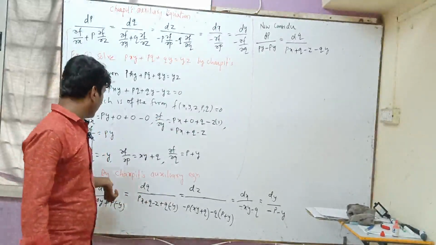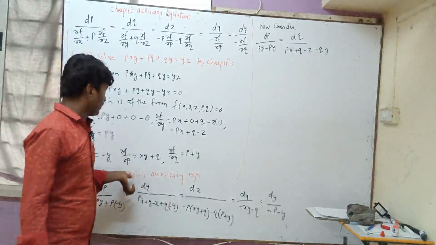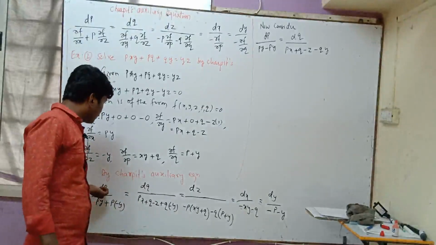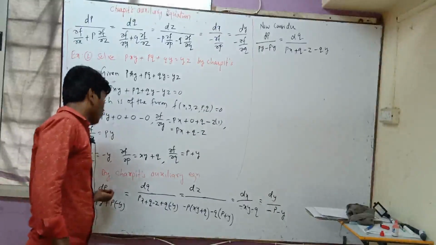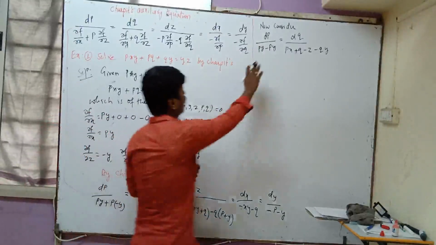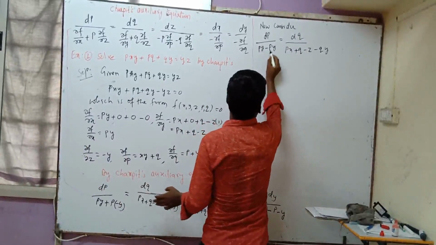Whenever these two are easily integrable, we take dp and dq to find the values of p and q. Therefore dp by this and dq by this. Here the right side becomes 0.